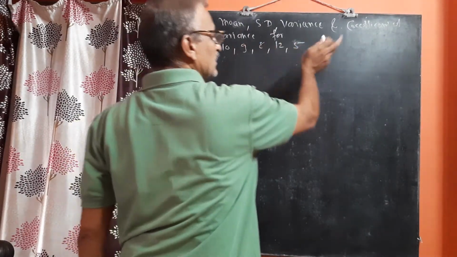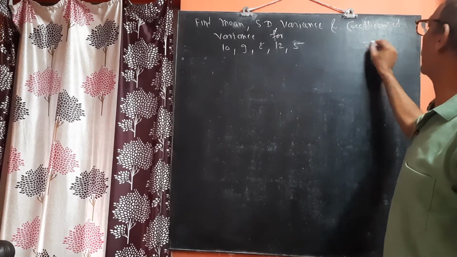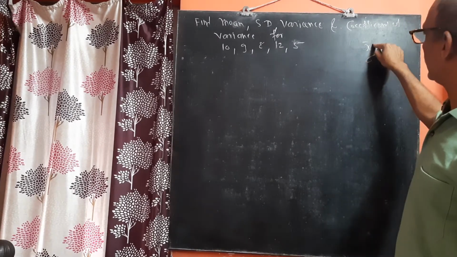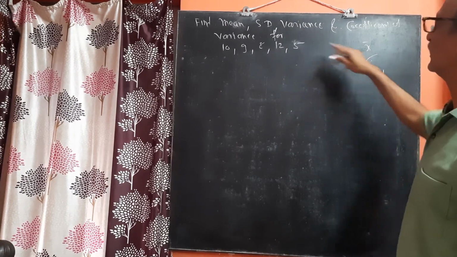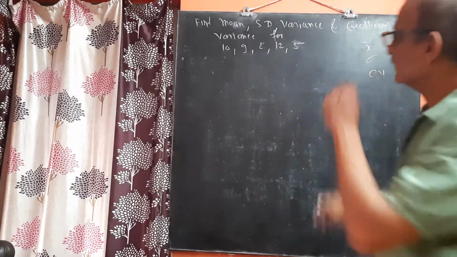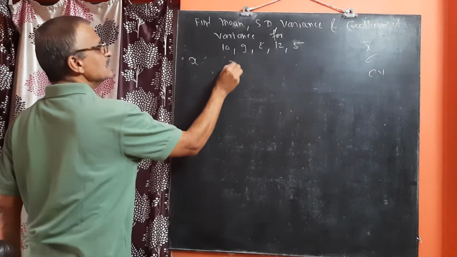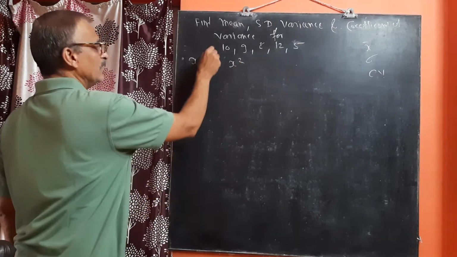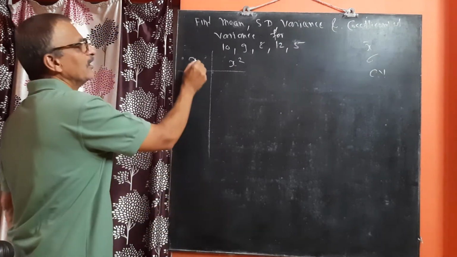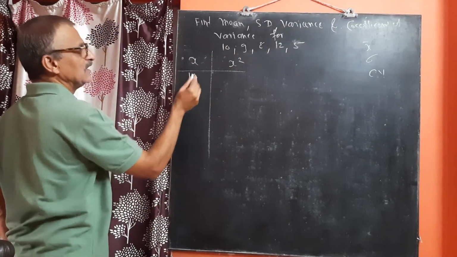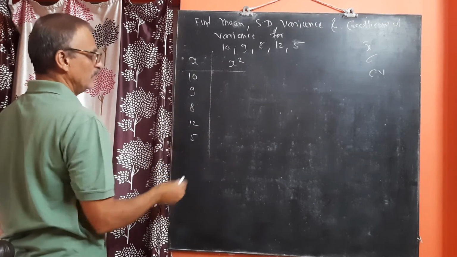So first we have to find out the, that means what we have to find? First we have to find out the x bar, then sigma. From x bar and sigma we will get CV as well as the variance, that means sigma square. So to find that, let us say this is x and this one is x square. We require x and x square for finding the value of sigma. We have done already this one, 10, 9, 8, 12 and 5.